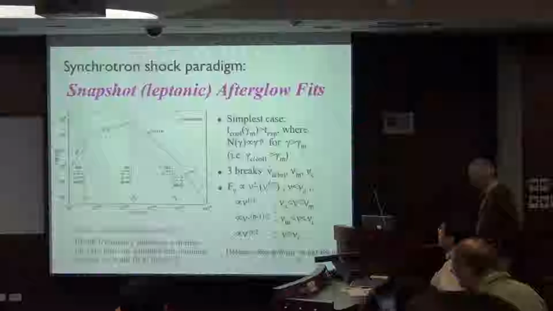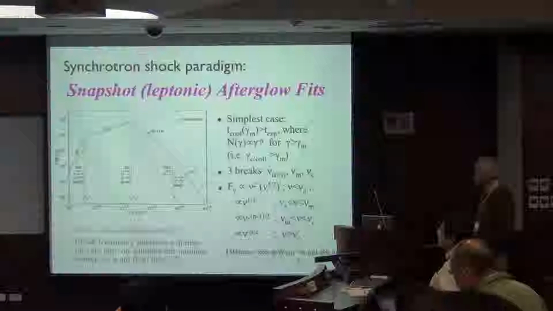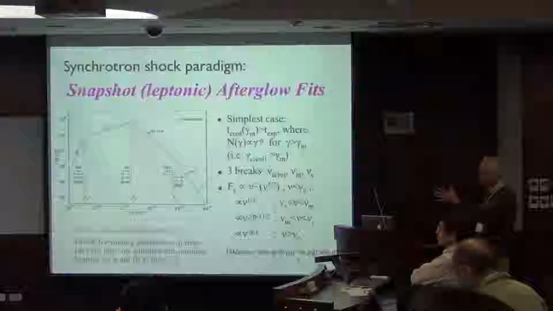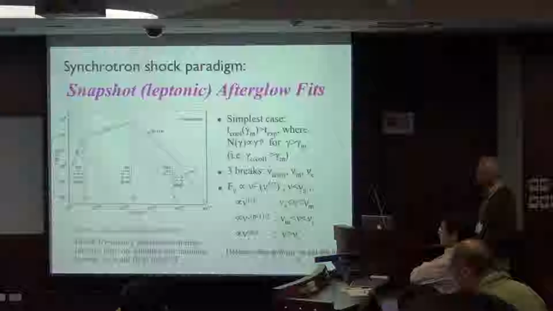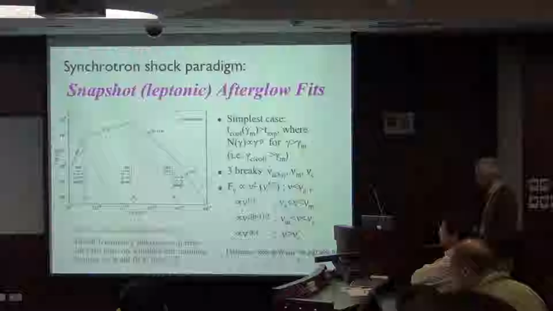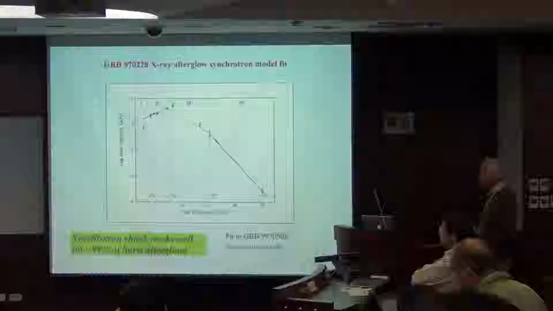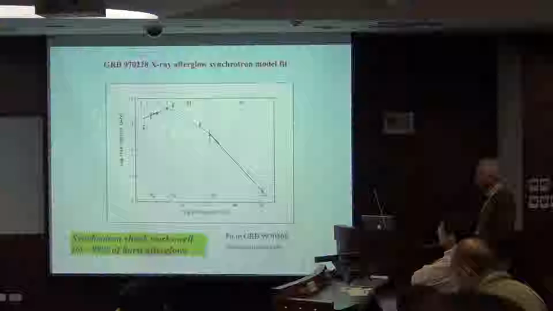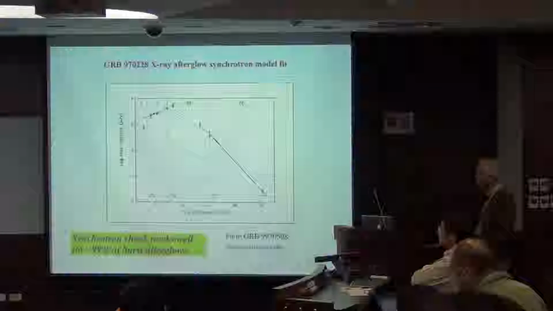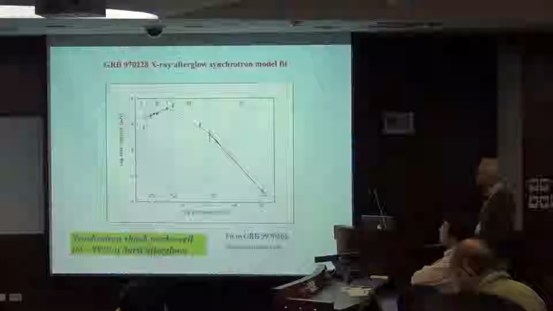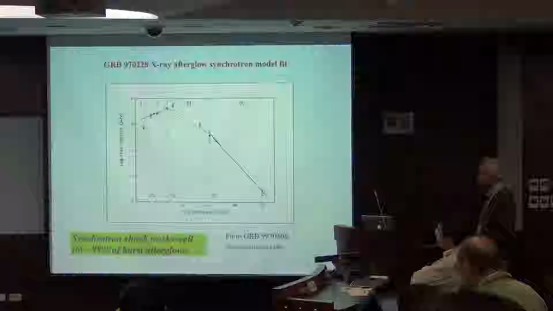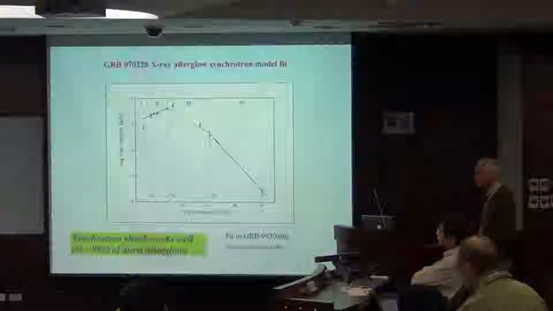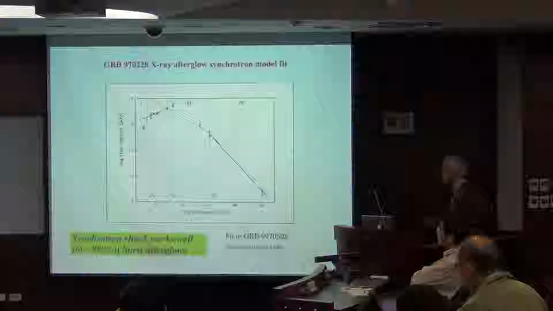And these characteristic frequencies during the afterglow, as the fireball decelerates, the Doppler factor gets lower and lower, so these characteristic frequencies move down in energy. Comparing it to observations, I haven't plotted many data points here, but this is the first fit that was made, and many other fits have been made since.